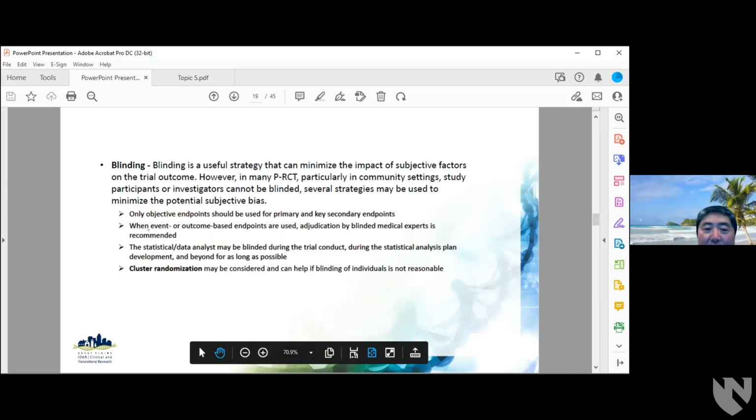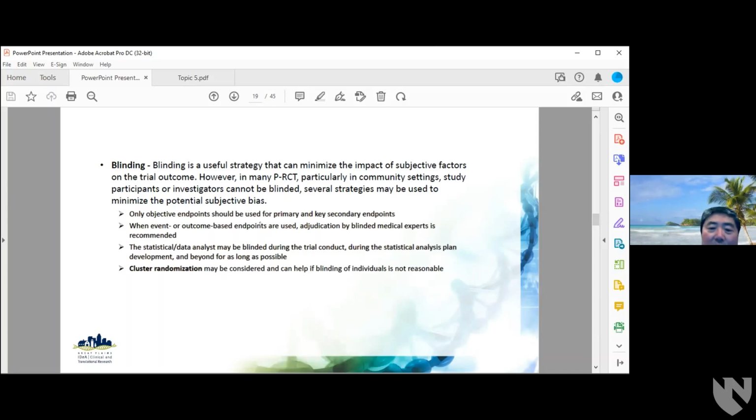So only the objective endpoints should be used if blinding is impossible, for the primary and the key secondary endpoints. For events or outcome-based events, the adjudication by blinded medical experts is recommended. Okay, you need to use a third party, which is blinded, adjudicated by a blinded medical expert.